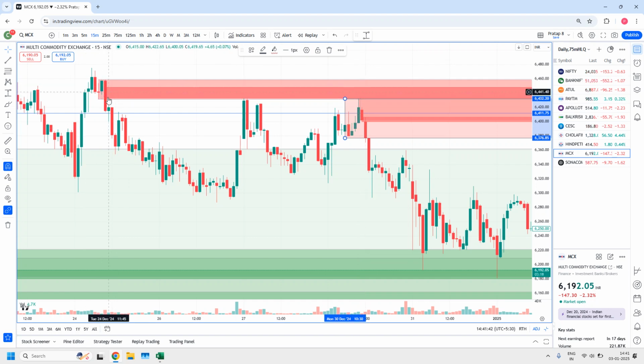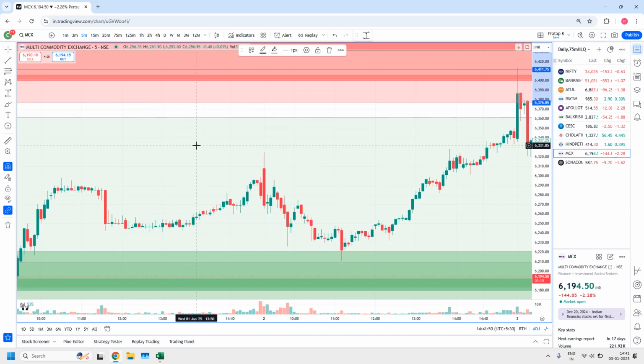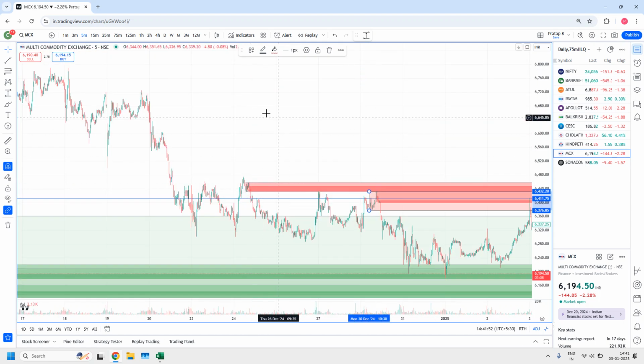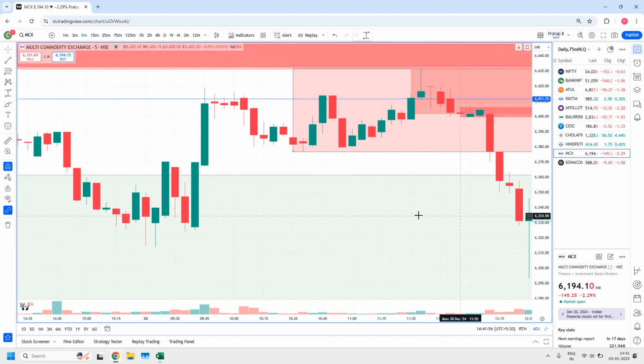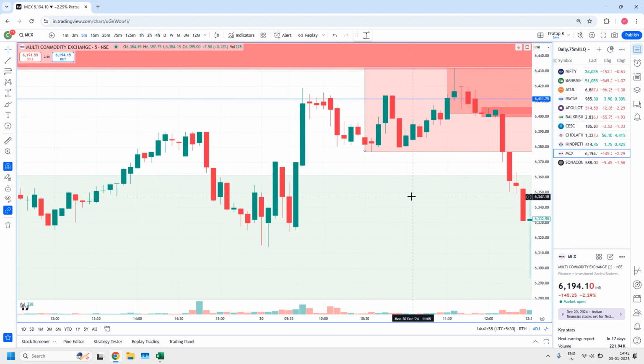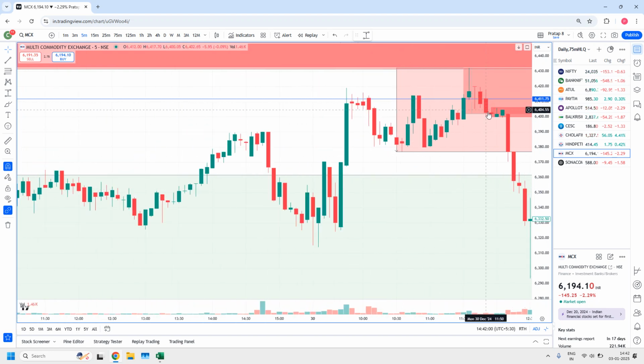Again, this horizon we need to fine tune, and even this 15 minutes we need to fine tune. Now go to the 5 minutes time frame. In this 5 minutes time frame, we have a drop candle, three base candles and a drop candle.